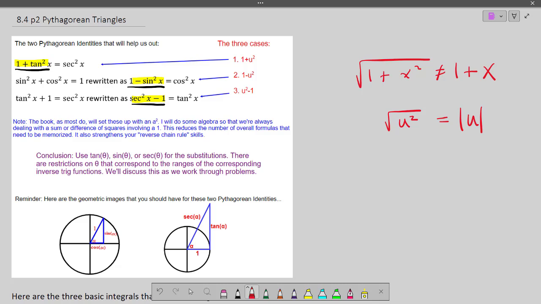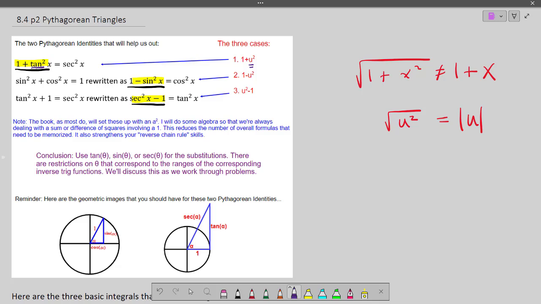So when we see this sum of squares, the idea is, what if we let u be this tangent function? If we let u be tangent, then we would have 1 plus tangent squared. And then we could say, oh, 1 plus tangent squared, that's secant squared.